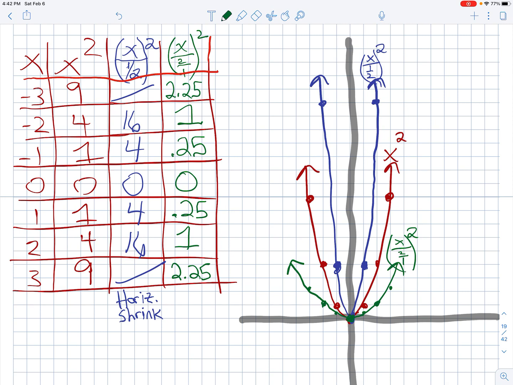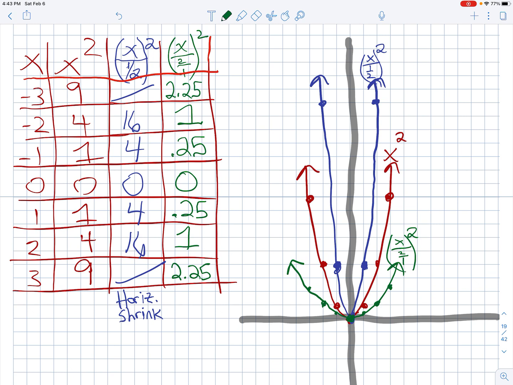So this is (x divided by 2/1) squared. If you take a look at these points now, the points in green, the question I asked last time is, what happened to this graph?